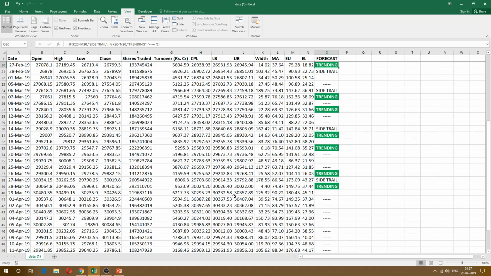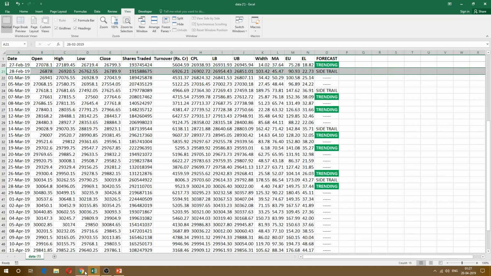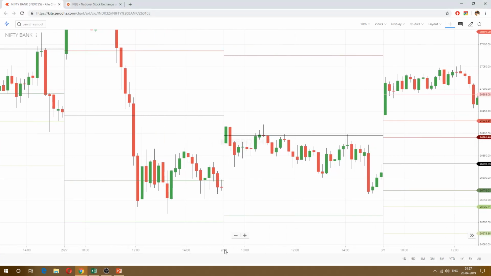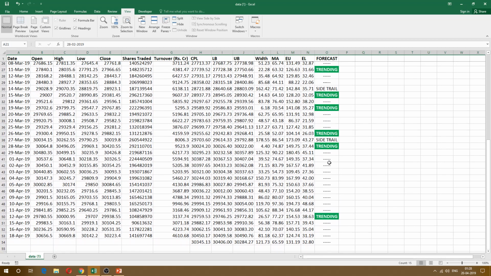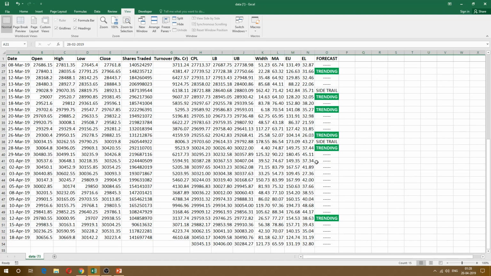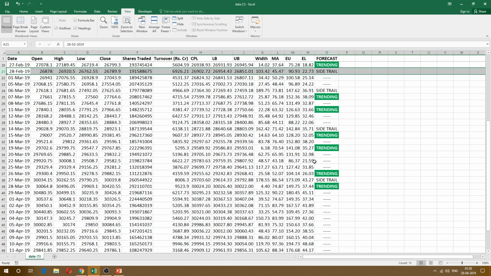Okay, now which one was that? See, 28 February is a side trail, there is no movement here. Yes, there is movement, but it is not worth entering. So I hope you understand the gist of the concept here.